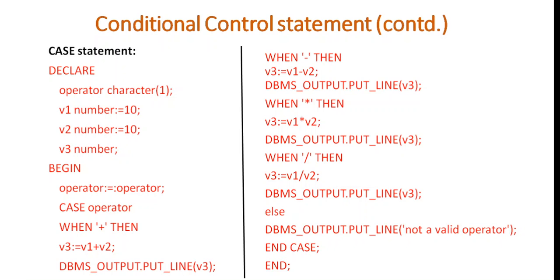We can implement the same program by using else if, but in else if we need to check the operator four times. Because in if we check each individual condition, but here in case statement we are just checking once, that is after the case keyword we write the variable name and then we check that variable name. So this is case statement.